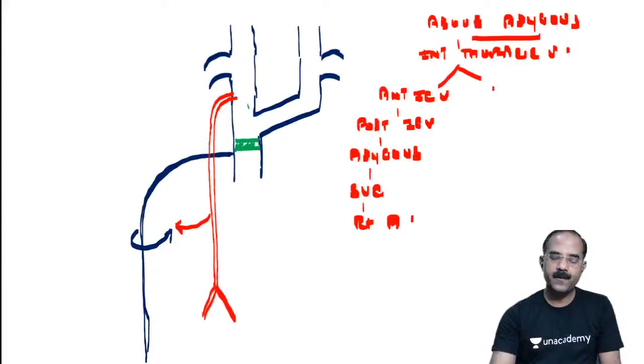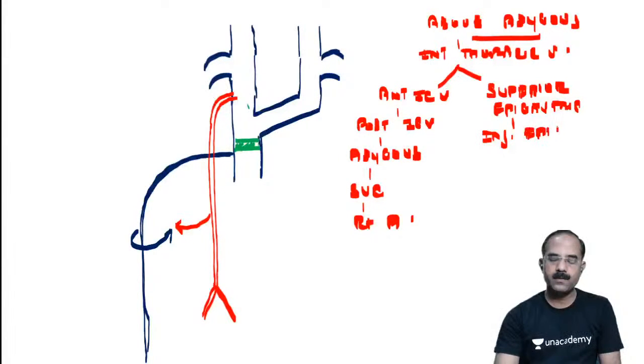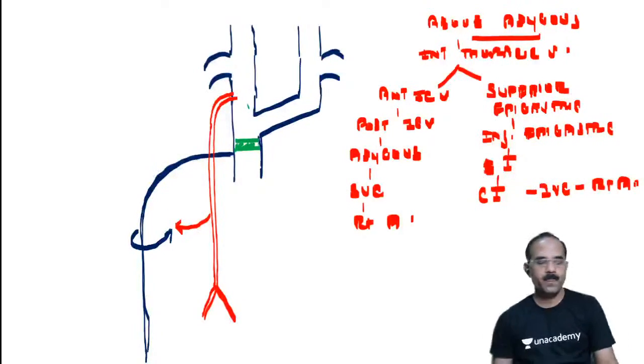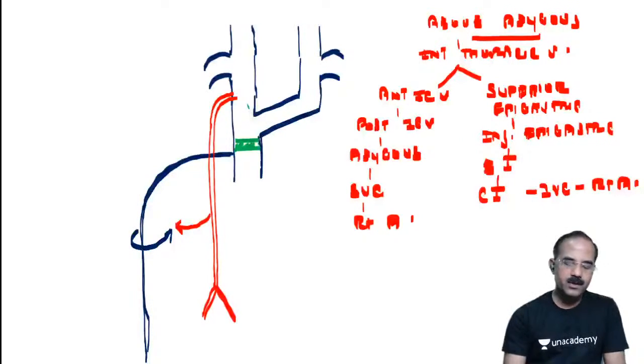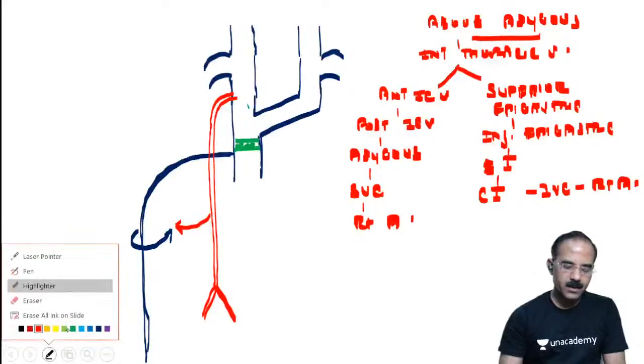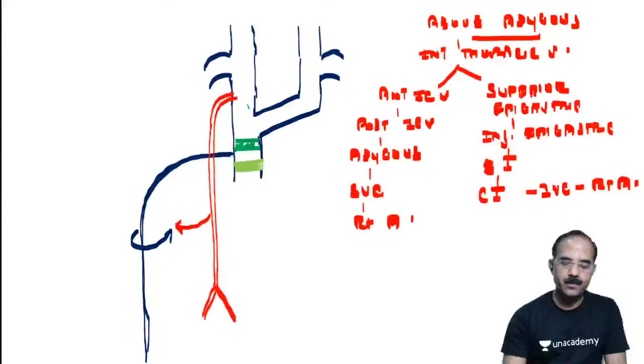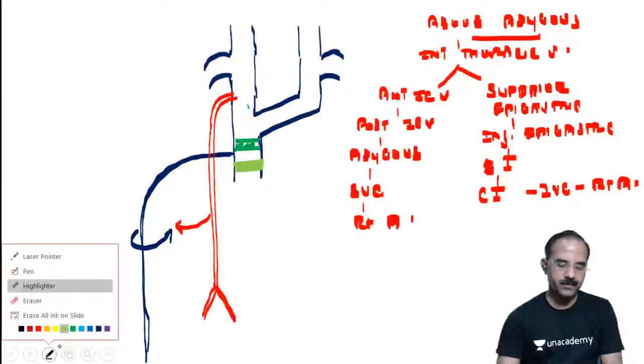What would this be? Internal thoracic vein, superior epigastric, inferior epigastric, external iliac, common iliac, IVC, right atrium. So this is obstruction above the opening of azygous vein, and if you want, I'll draw the obstruction below the opening of azygous vein also for you.